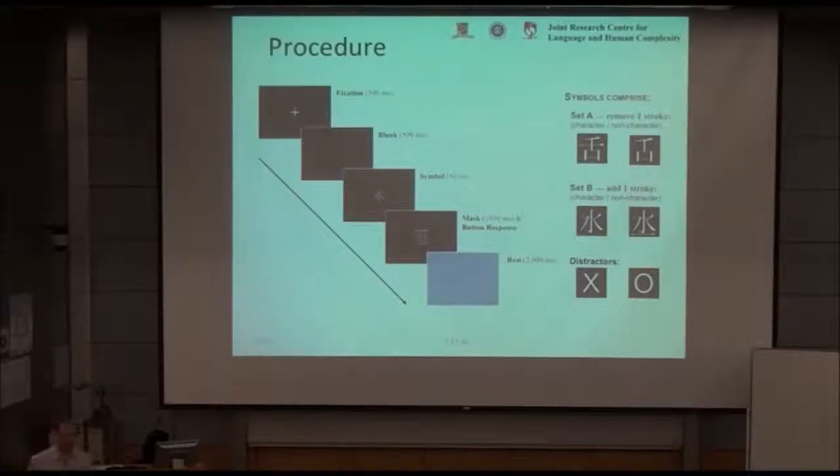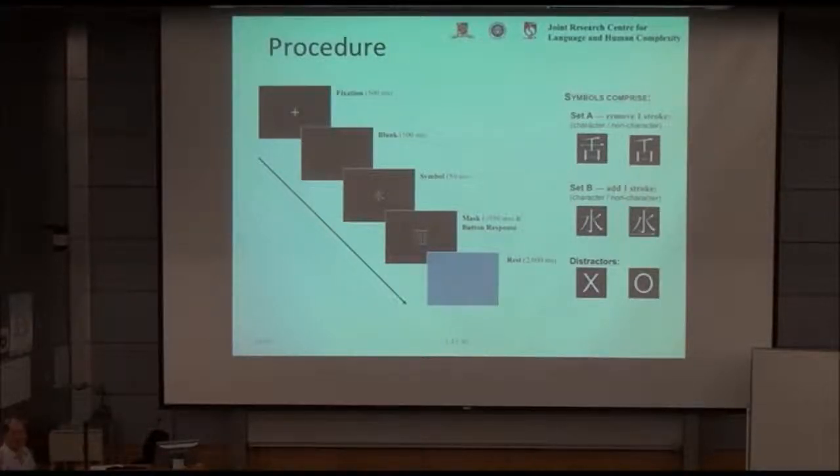So during the experiment, the EEG signals were picked up. And after the EEG experiment, we also asked the subjects, in addition to these two distractors, what kind of symbols they had seen. Almost no one reported that they saw any non-characters.